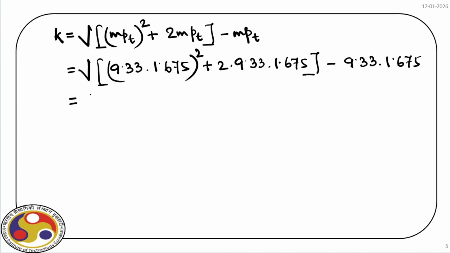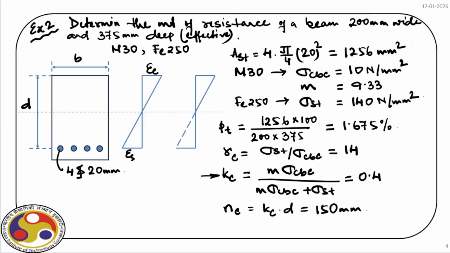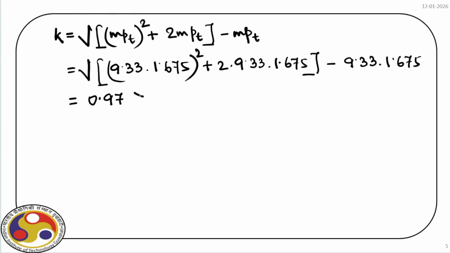And if we solve this expression, what we get is 0.97. So if we go back to the previous one, we have already derived Kc here. Kc is 0.4. So K is certainly greater than Kc.